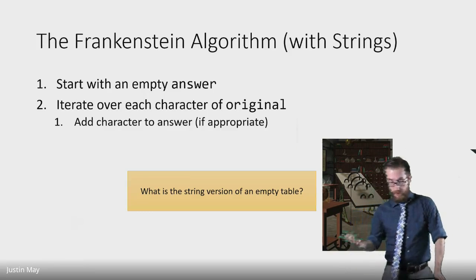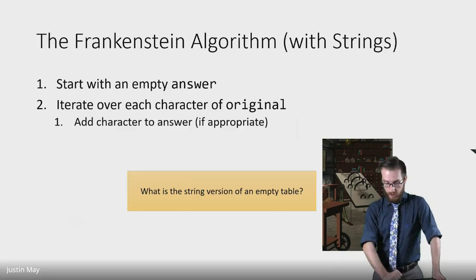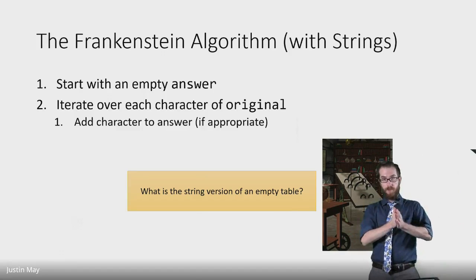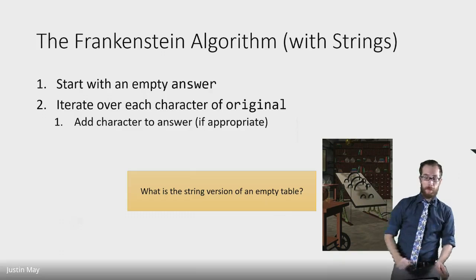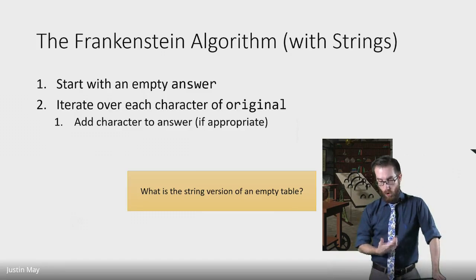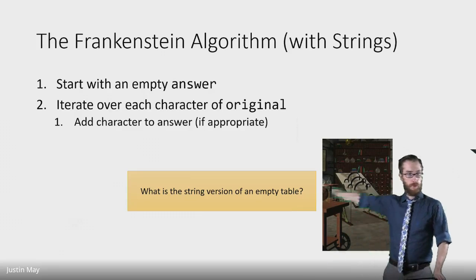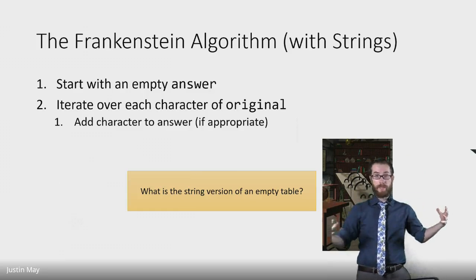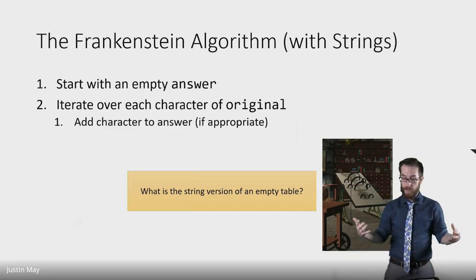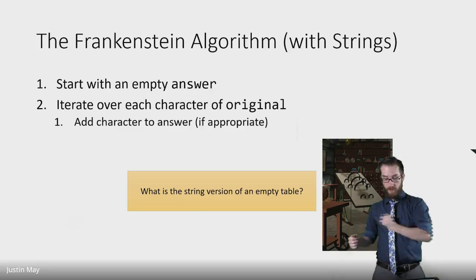So with strings, the way the Frankenstein algorithm works is you start with nothing. You start with an answer with nothing in it, effectively an empty table. Then you iterate over each character of original. So original in our case is going to be some string. It's your starting point, some data that we're manipulating. We're going to iterate over every character of original.